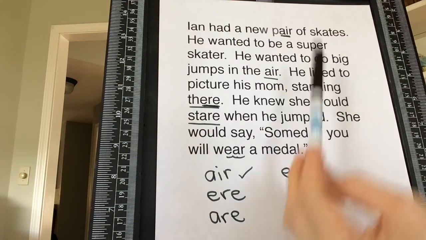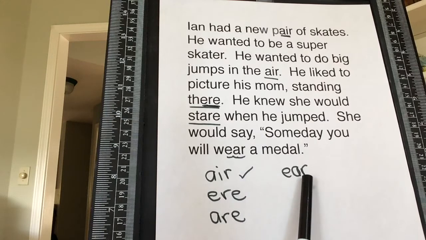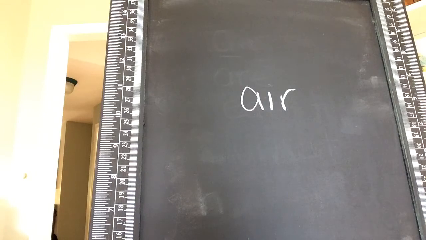When you start to get used to them, then you'll say to yourself, oh wait, I think this is an A-I-R, or I think it's an E-A-R, or I think it's an E-R-E. Let me give you an example of words that are spelled different ways but sound exactly the same but have different meanings.